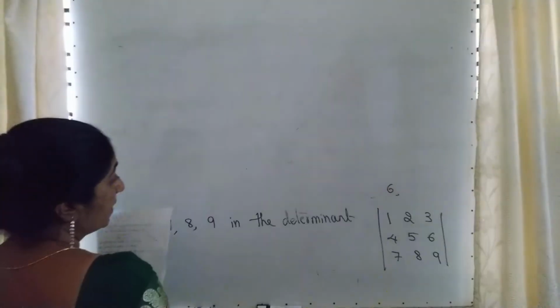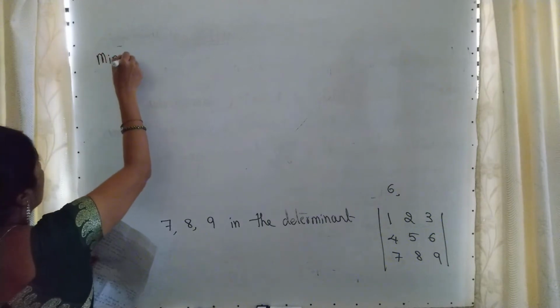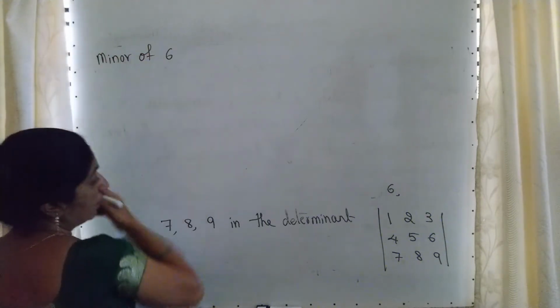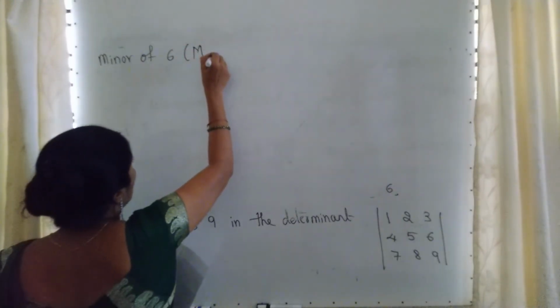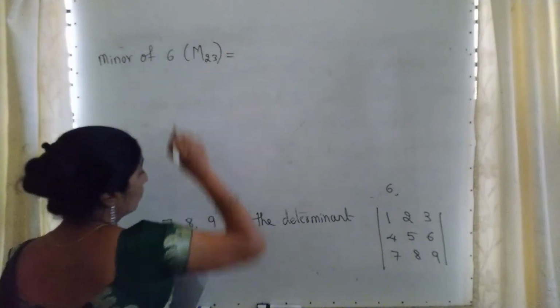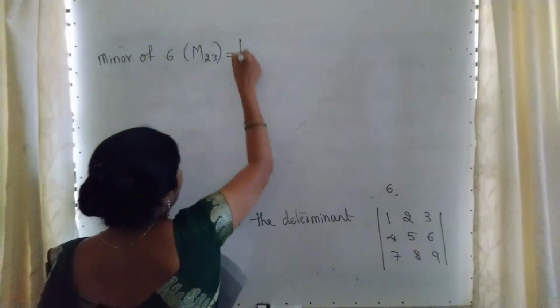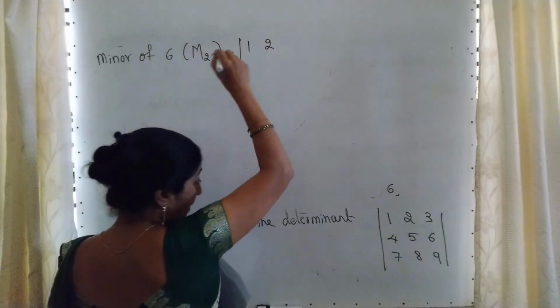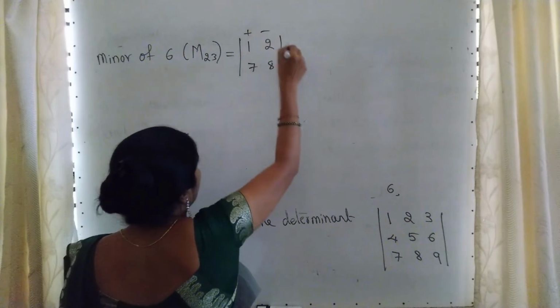First one, the minor of 6. Where does it lie? See that? The minor of 6 lies in the second row, third column. Then how do you write it? It is M23, second row, third column. Leave that second row and third column. Write down the elements in the form of a determinant and solve this.